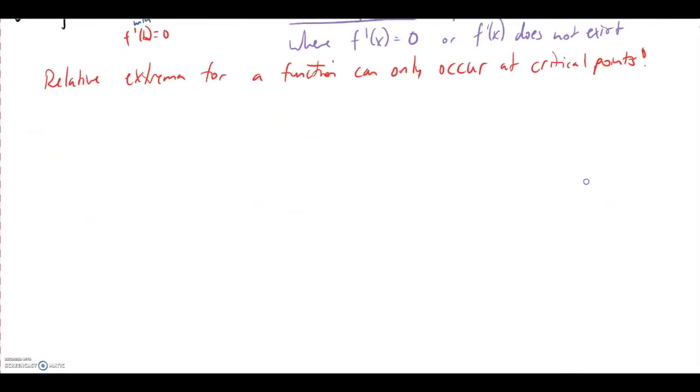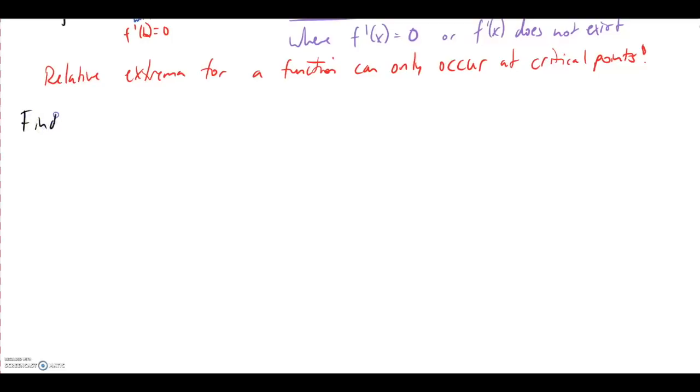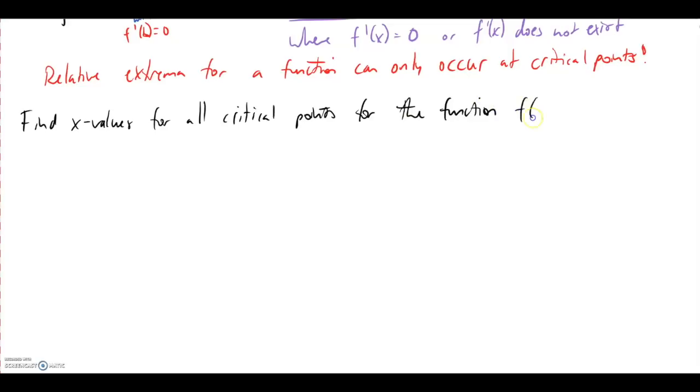So what we'll finish up with is one final example. What we'll try to do is find x values for all critical points for the following function. F of x equals 4x cubed minus 3x squared plus 5.